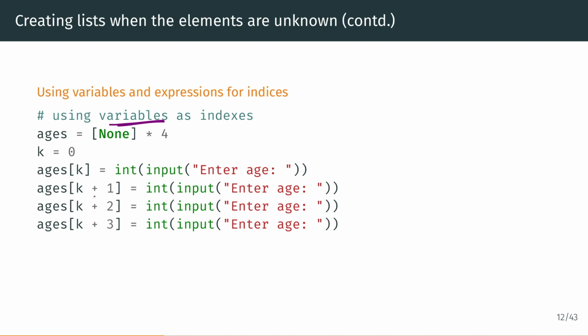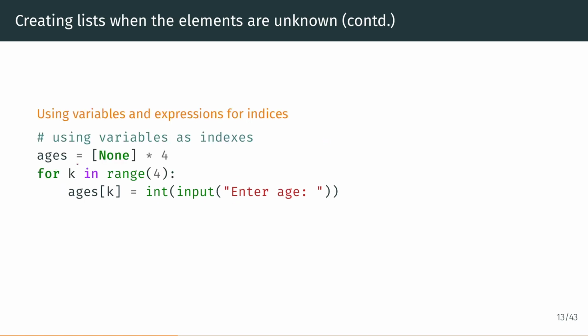So instead of 0, 1, 2, 3, we can say k equals 0 and then use k plus 1, k plus 2, k plus 3. So if k equals 0, this would be replaced by 0. This would be 0 plus 1, 0 plus 2, 0 plus 3, which would be essentially 1, 2, and 3. And because we can do this, we can change the entire thing and use a loop instead.